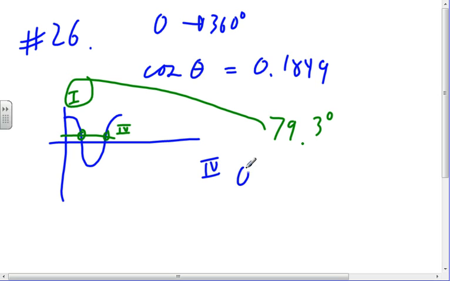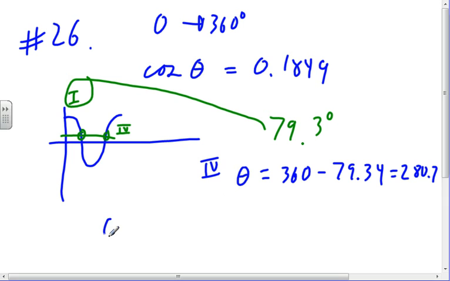The fourth quadrant answer is going to be 360 minus the reference angle, 79.34. So I'm going to go 360 minus the answer, and I'm going to have 280.7.